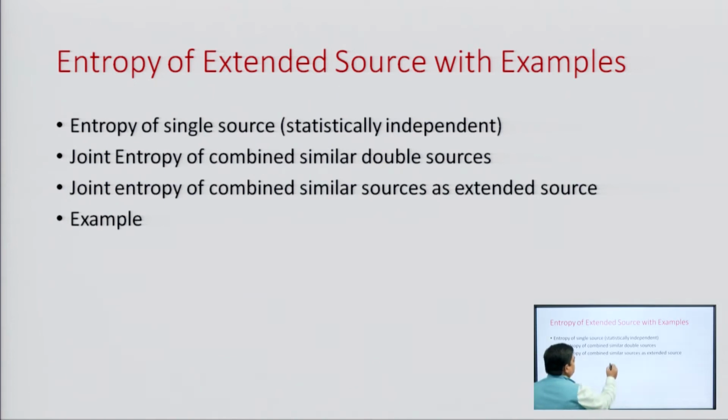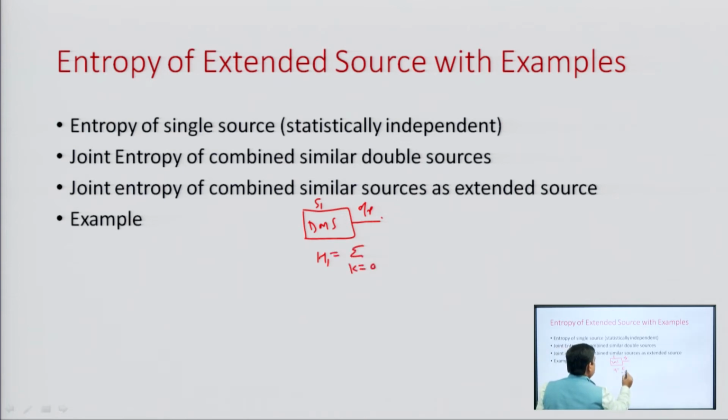See, this is a discrete memoryless source S1, suppose, and its entropy at the output is H1, which is the sum for k equals 0 to n minus 1 of pk log base 2 of 1 upon pk.